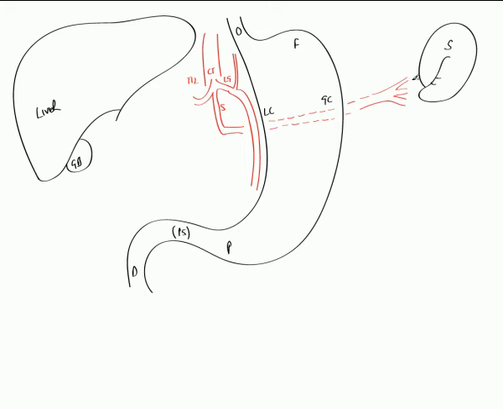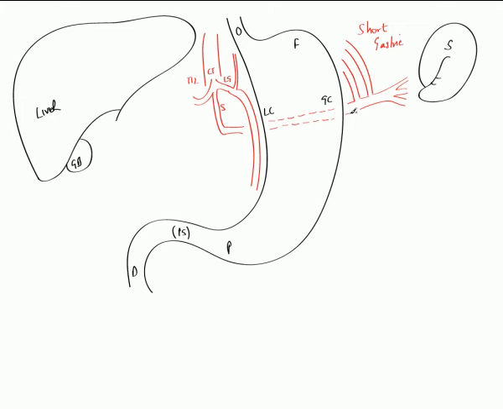As the splenic artery arrives at the spleen, before it enters the hilum, it gives off a series of short gastric arteries. These short gastric arteries are responsible for supplying the fundus and the posterior aspect of the stomach. So the splenic artery supplies the spleen. Before it reaches the spleen, it gives off the short gastric arteries.